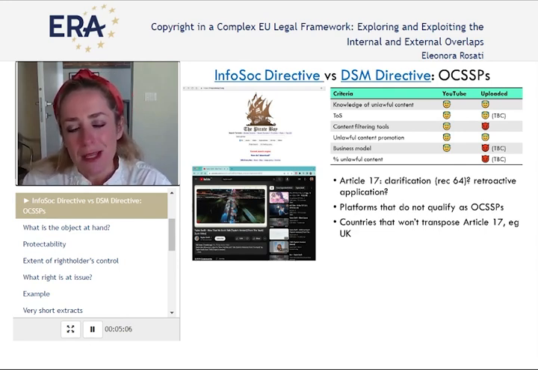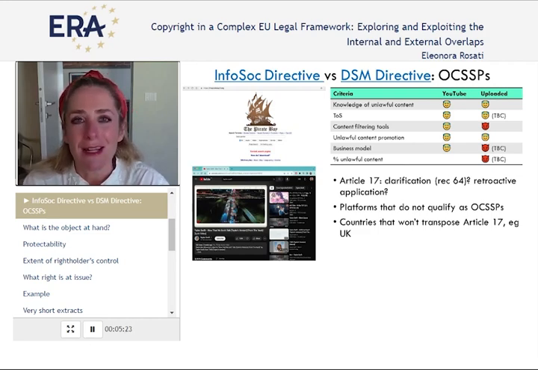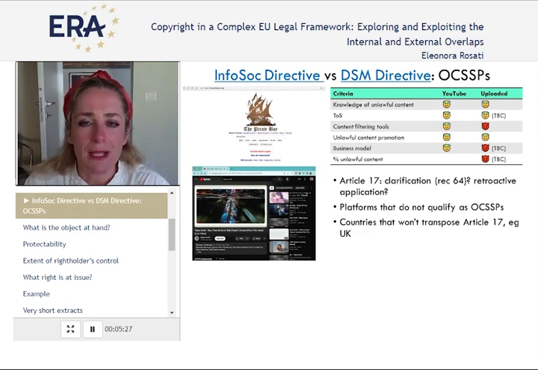And here I would say that the apparent simplicity of all this immediately clashes with the place that Article 17 has within the copyright system. The first aspect to clarify is who an online content sharing service provider is, and indeed who falls within this definition. And the reason why this is made more complex is because of the very language of the DSM Directive.